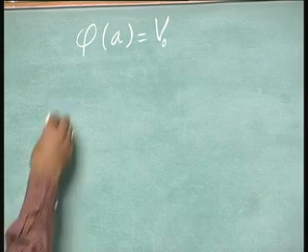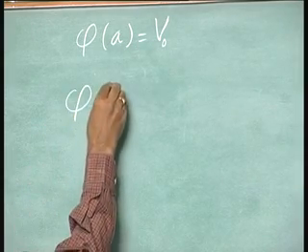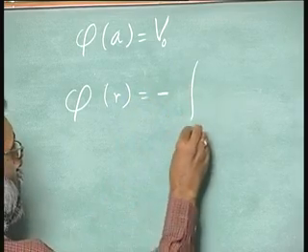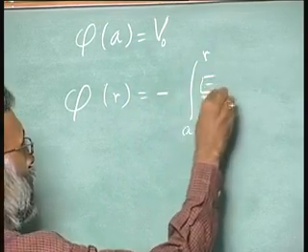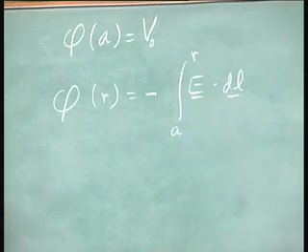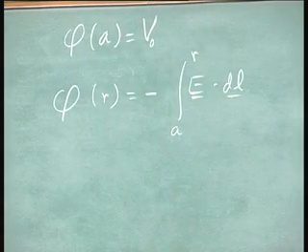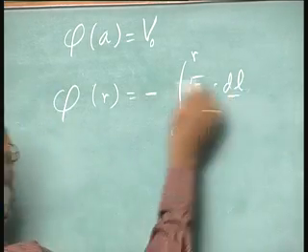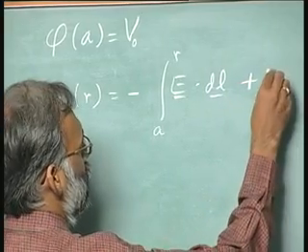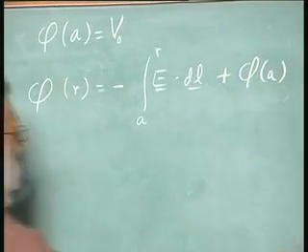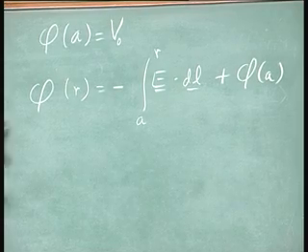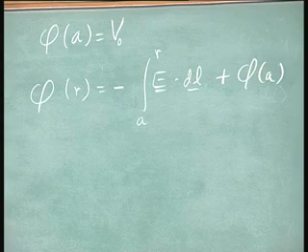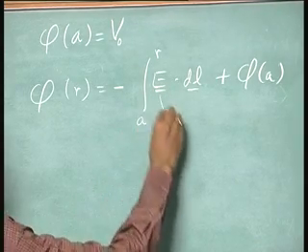Then phi at any r is equal to minus integral A to r E dot dl, plus phi at A. This is only the difference in potential that gives integral A to r E dot dr. But E is radial.